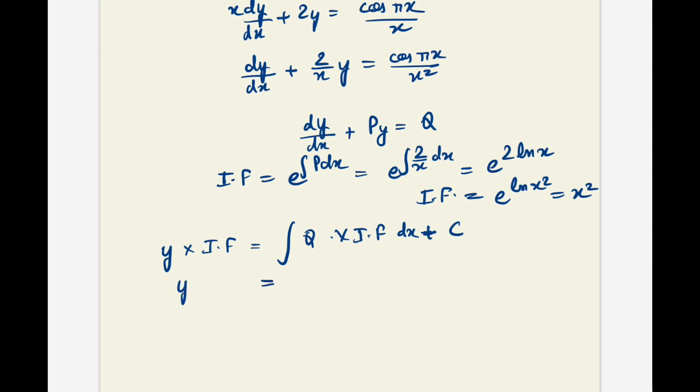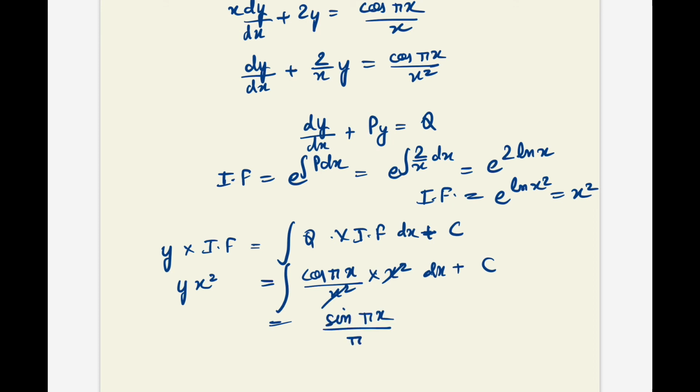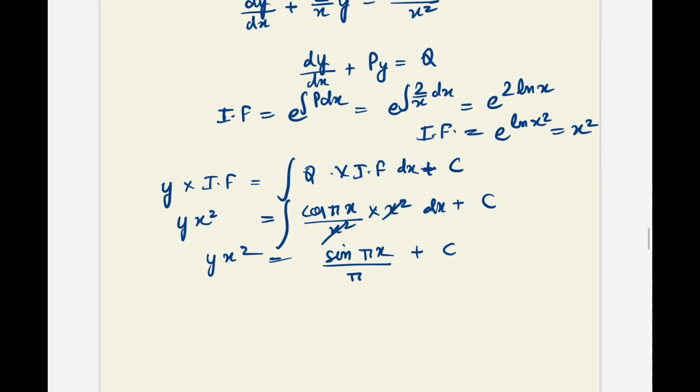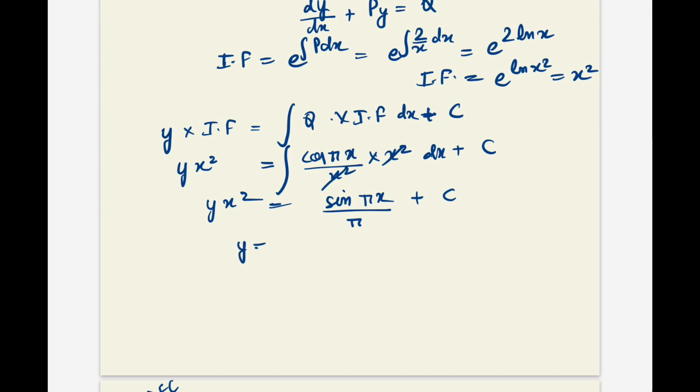That is y x square equals the integral of cos(pi x) by x square multiplied by x square dx plus c. The x square cancels. Now the integration of cos(pi x) will give sin(pi x) by pi plus c.